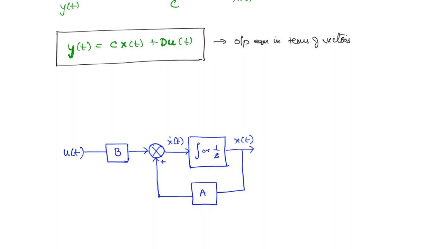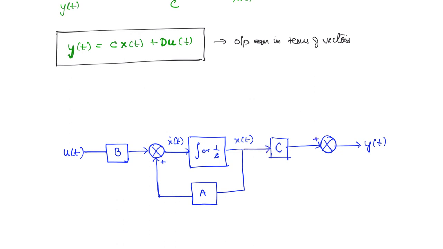Okay. Next what we have is the output equation. So the output equation, y of t is the sum of C into x of t plus D into u of t. So from x of t to this summer, you can put a function here, transfer function, which is C. Okay, so this will go till here.